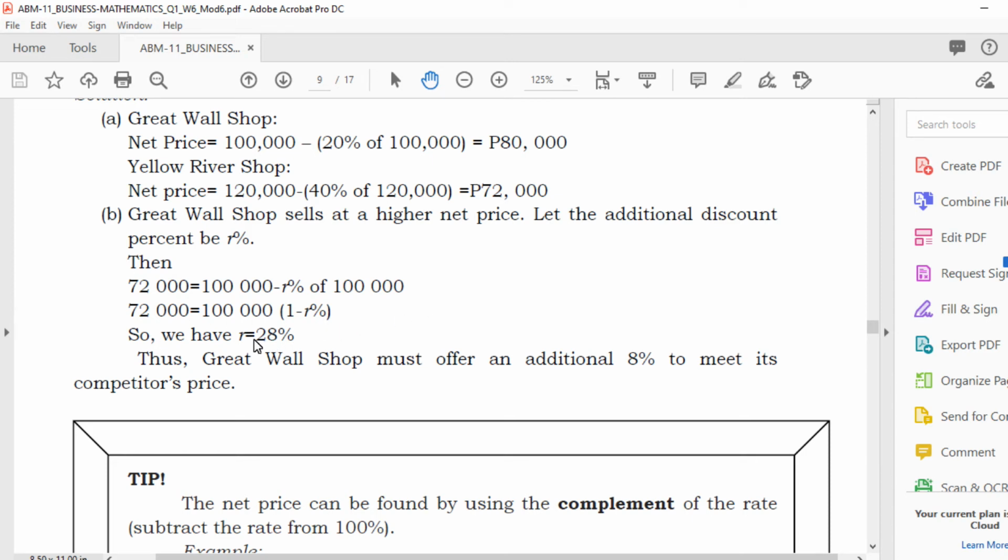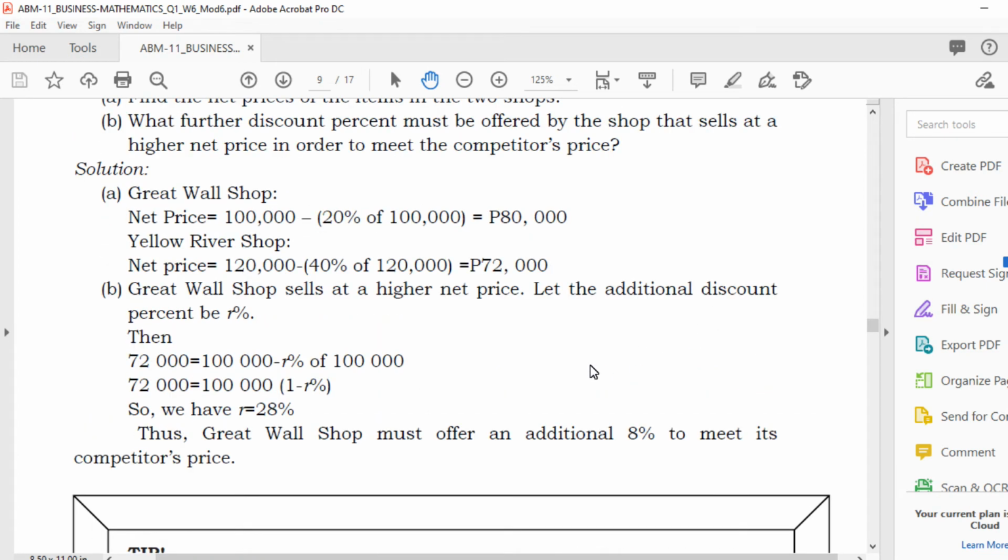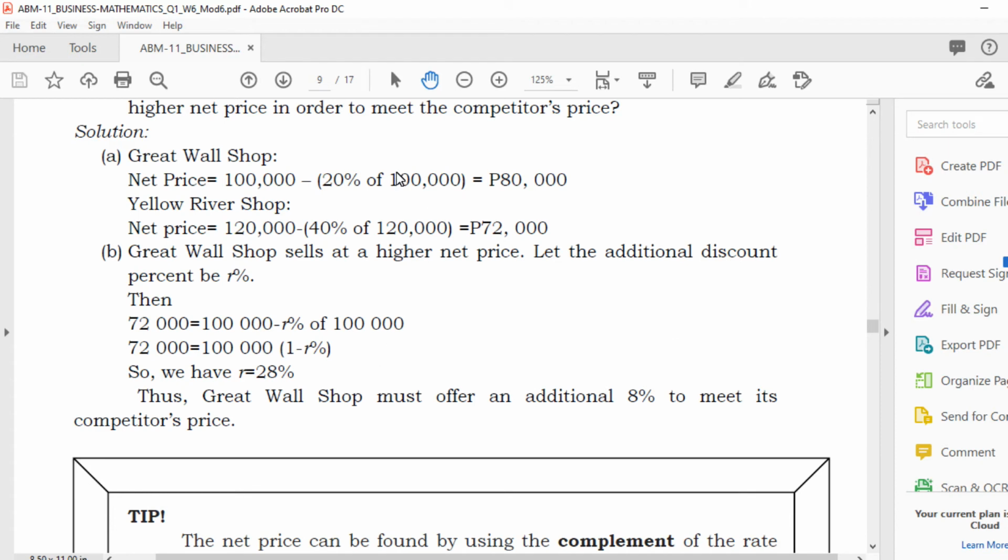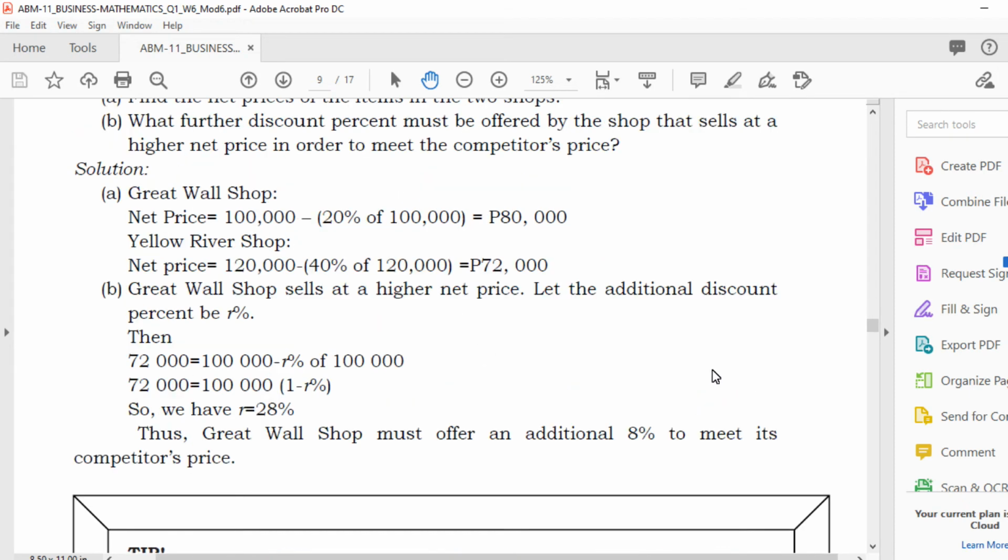So we have the R equals to 28%. Sorry. So, 100,000 times 1 minus 28%. So, magiging sagot natin ay 8% na lang, dahil from the 20% plus 8%.